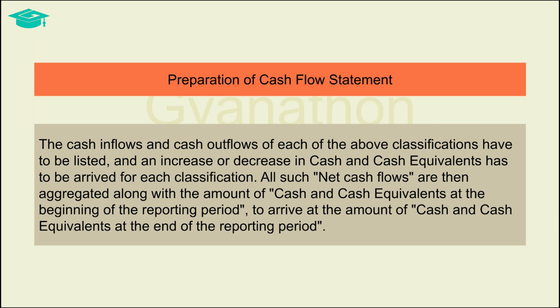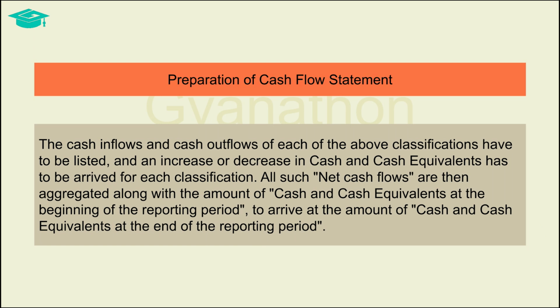Once the cash inflows and cash outflows for each of the classifications have been ascertained and disclosed appropriately, then it has to be ascertained for each classification whether there is an increase in the cash and cash equivalents or a decrease in the cash and cash equivalents.